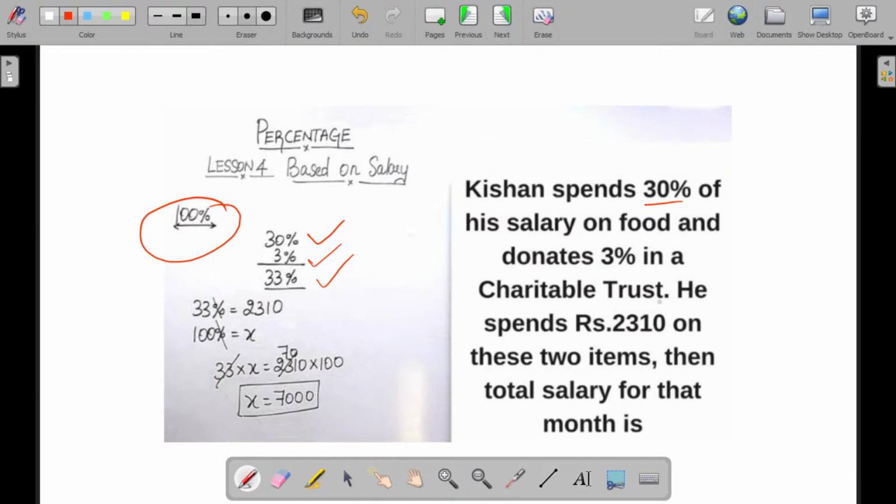And what they mentioned, he spends 2310 on these two items. So whatever this 33% is, that is equivalent to 2310. So we need to calculate the salary. Then for 100 percentage, how much? Right? So that is 7,000.